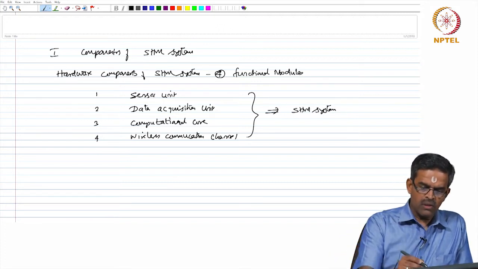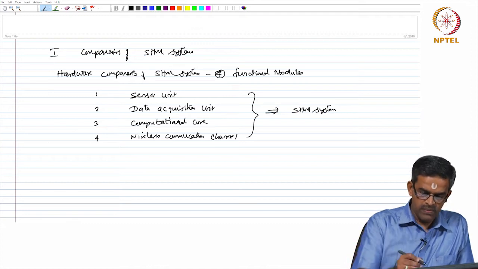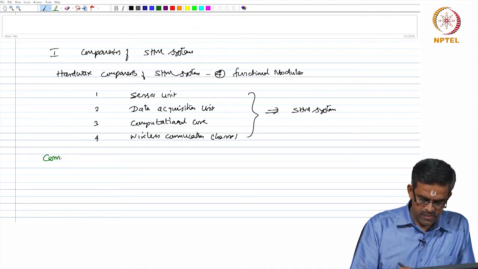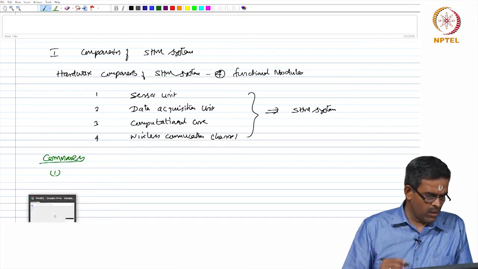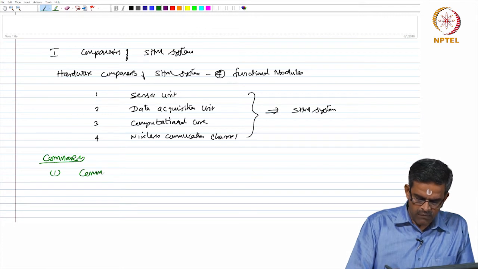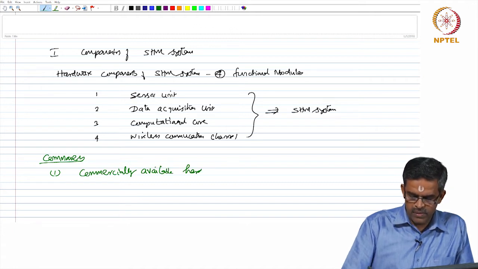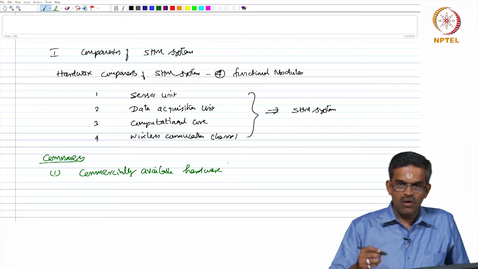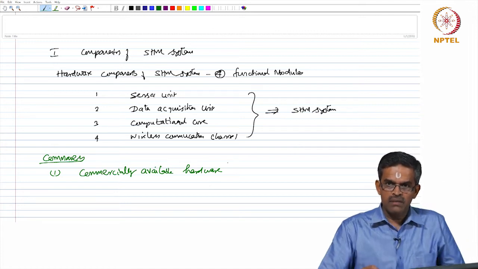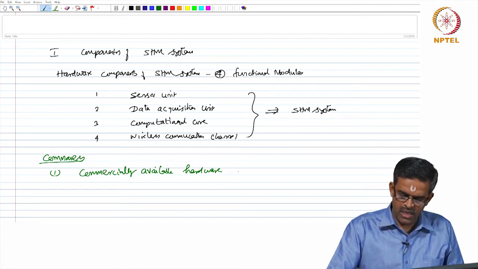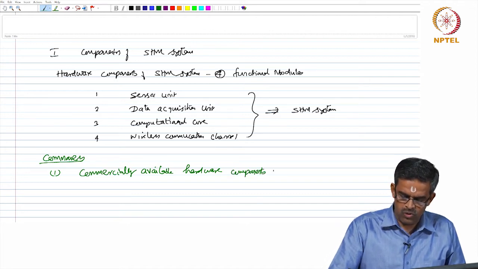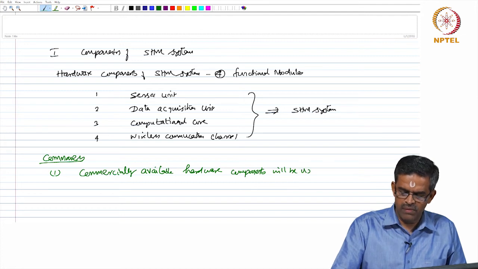The most important commonality between these modules: in all the modules we are going to use commercially available hardware components. Okay. The idea is not to make it custom designed, but commercially available hardware components will be used. That is the first condition we have.